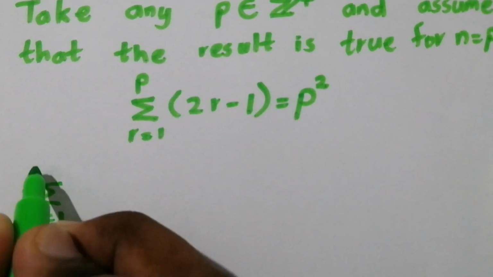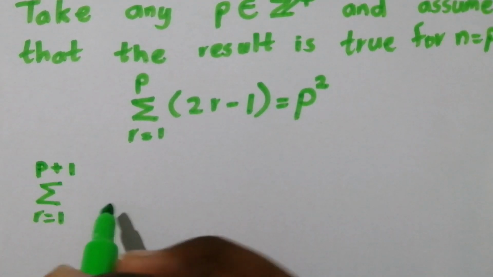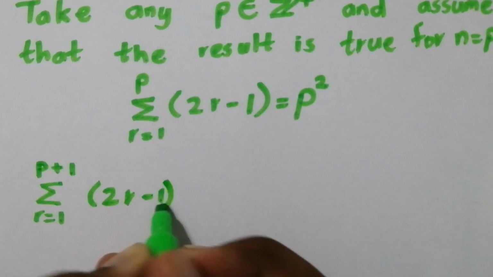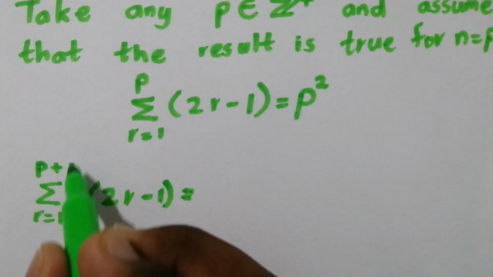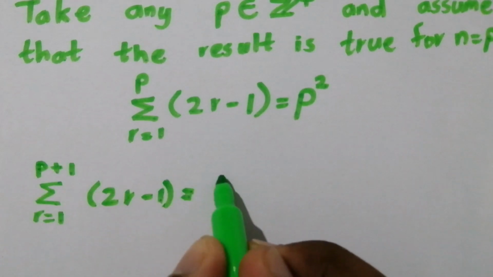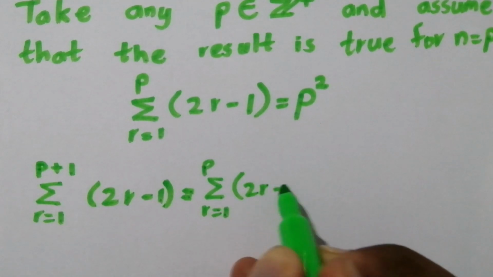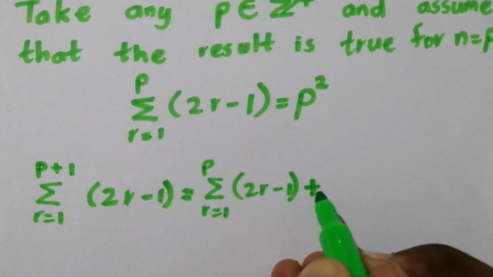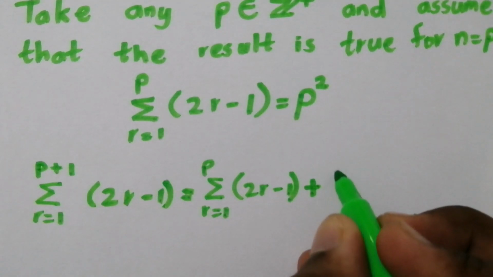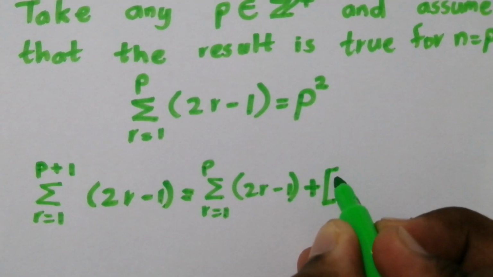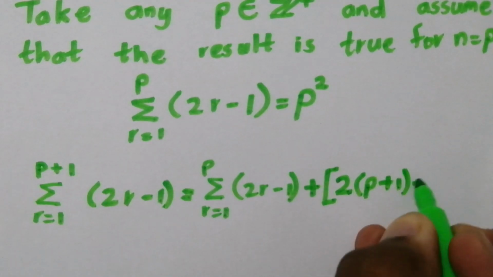Sigma r equal 1 to p plus 1 2r minus 1 equals, now I have taken up to p plus 1, so we can write it as sigma r equal 1 to p 2r minus 1 plus the p plus 1th term that I am going to add with this. It is 2, and instead of r I write p plus 1 minus 1.